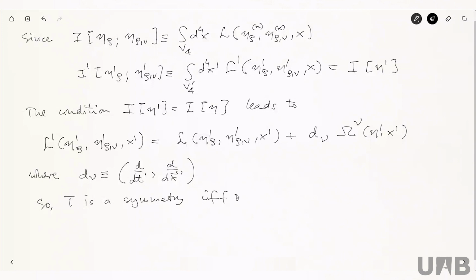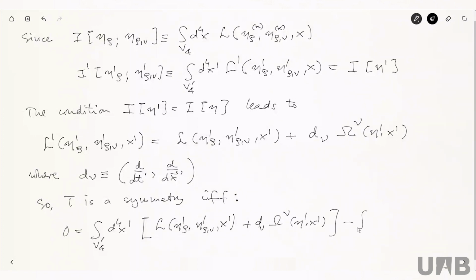So that means that T is a symmetry if and only if, because this is a definition, the difference between these two things is 0. So 0 has to be the integral d4x prime over the volume prime of L prime, which is L of eta prime rho comma nu, x prime, plus this derivative of an arbitrary function, minus the integral d4x of the old Lagrangian, eta rho comma nu, and x.